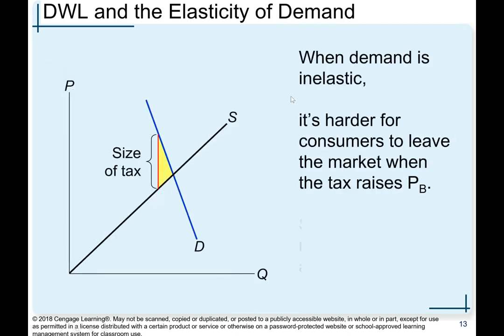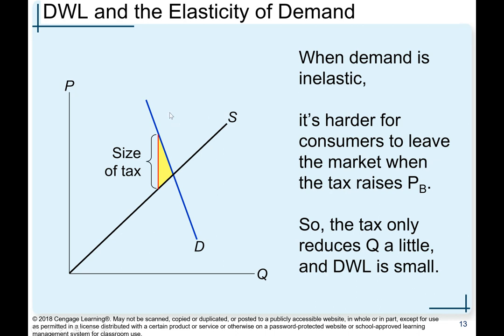Let's look at the demand. When demand is inelastic, the demand curve is fairly steep. When demand is inelastic, it is harder for consumers to leave the market when the tax raises the price that buyers pay. So the tax only reduces output a little bit.